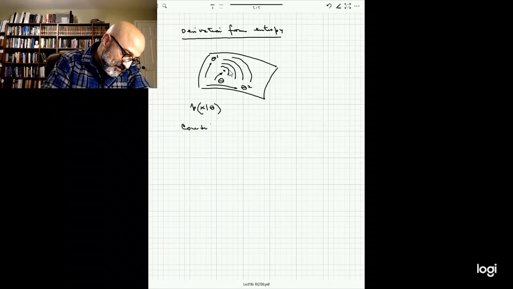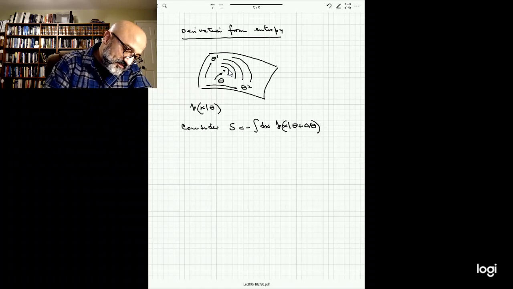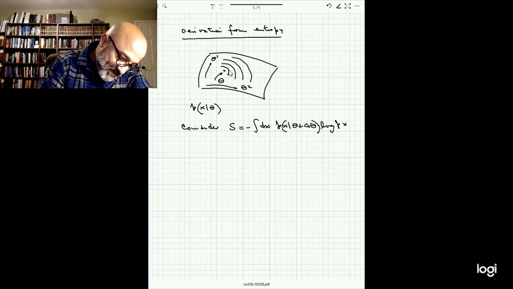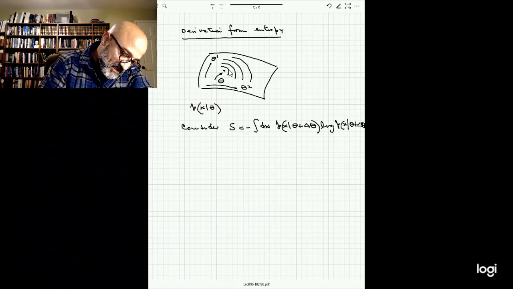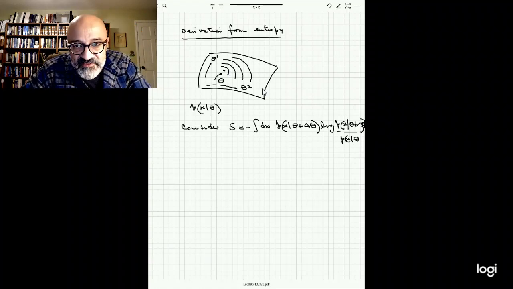Consider the entropy of the probability distribution theta plus d theta relative to the point that of course is ranked the maximum, right?